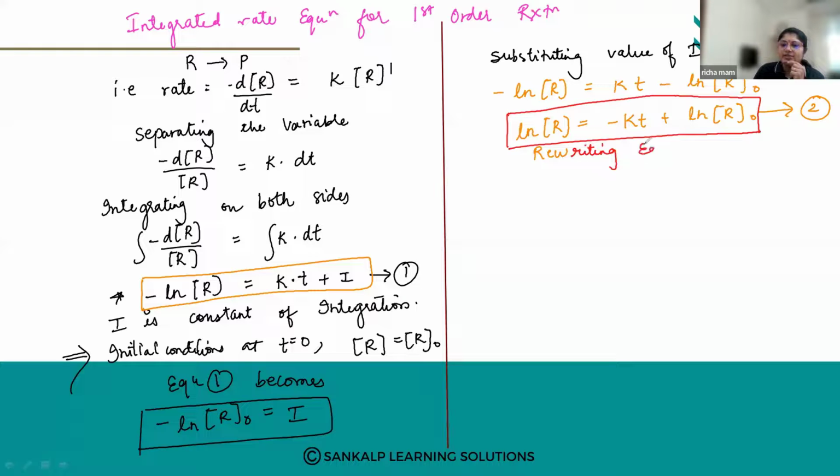Rewriting equation 2, how are we going to get it? kt is equal to ln of r naught minus ln of r.